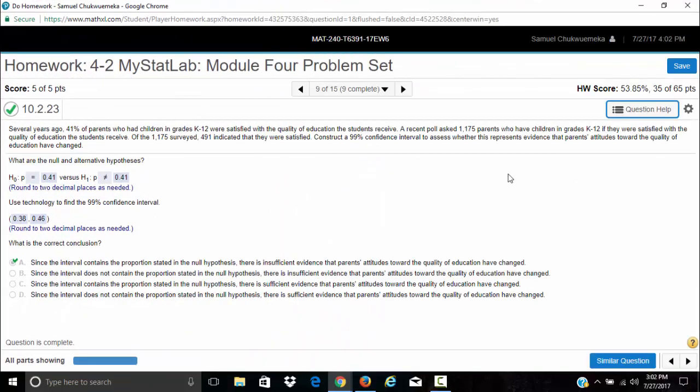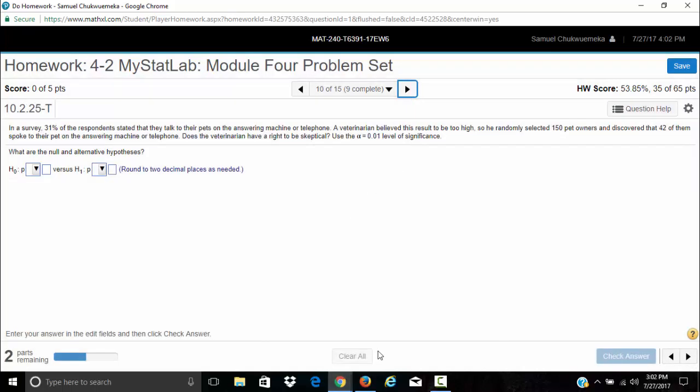Alrighty. Next one, question 10. Almost getting there. In a survey, 31%. So this is also population proportion. Proportion is percent or decimal or fraction. In a survey, 31% of the respondents stated that they talked to their pets on the answering machine or telephone. A veterinarian believed this result to be too high.